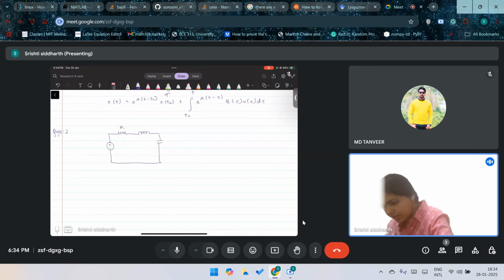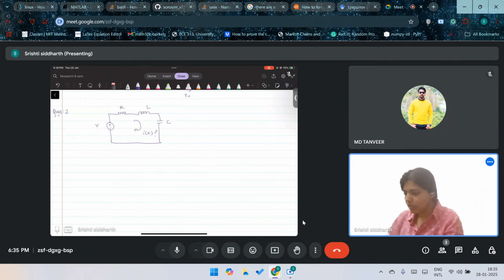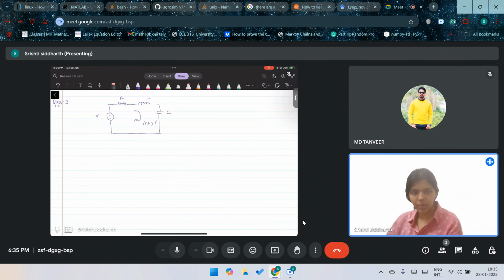So let's say that this is some V, and we have to find the current in the circuit given the state space representation. So what we have to do is find the state space representation and then find the current.